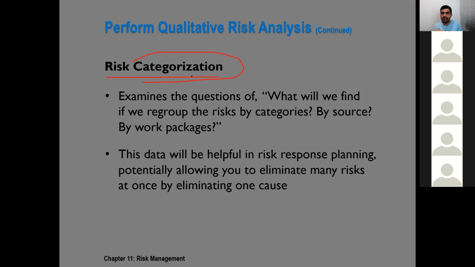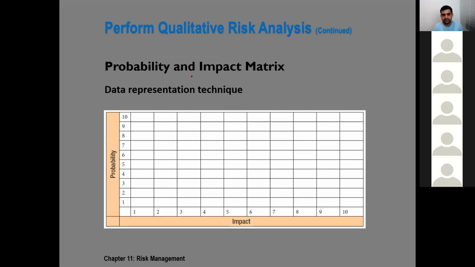We always keep on updating the risks by putting them into more relevant categories. Why do we do it? Because sometimes by creating just one plan, one risk response, we can eliminate multiple risks in the same categories. Just eliminate one cause, and it will improve multiple components in our risk register.